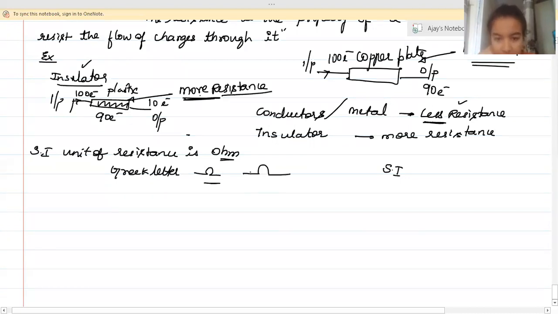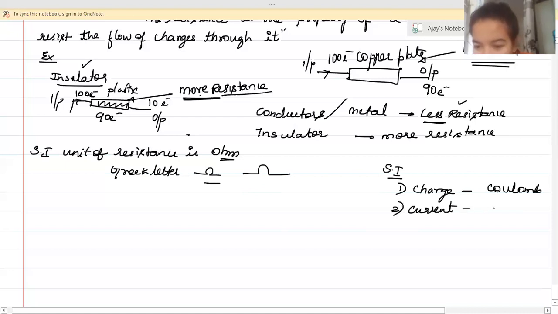So all SI units we have learned. What is the SI unit of charge? Coulomb. The SI unit of current? Ampere. The SI unit of potential difference? Volt.